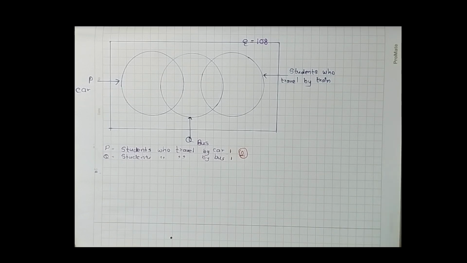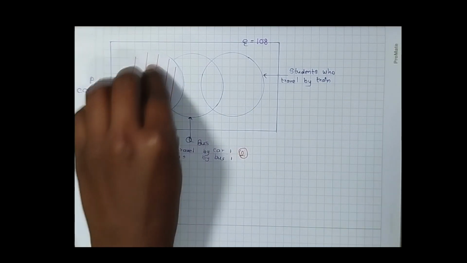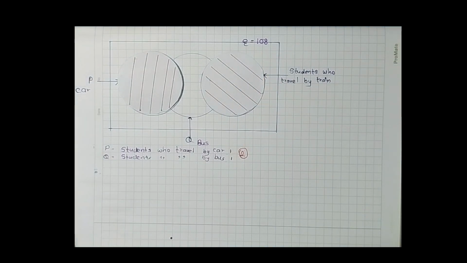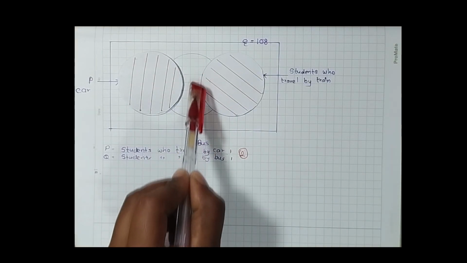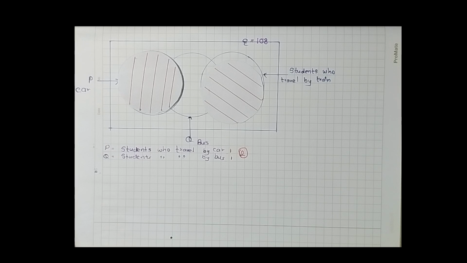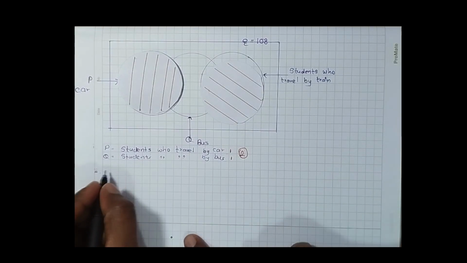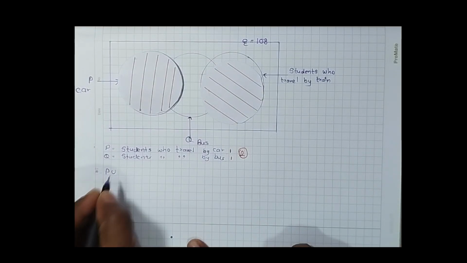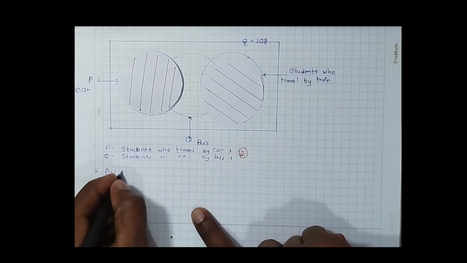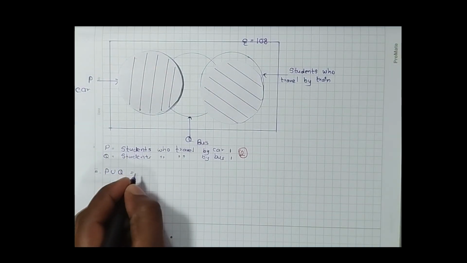It means the students who travel by car or travel by train, so the total is 63. Then you have to find this one, only by bus. How can we find it? It means the union of P and Q set is 63.